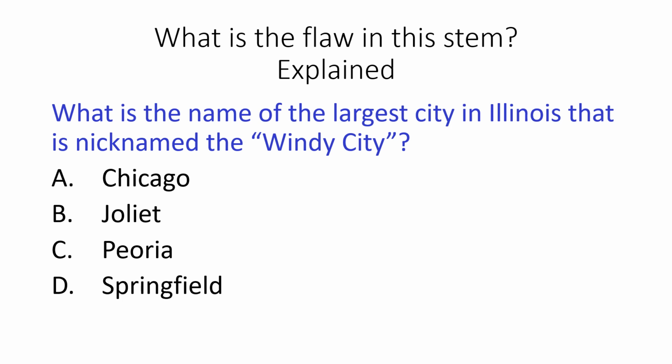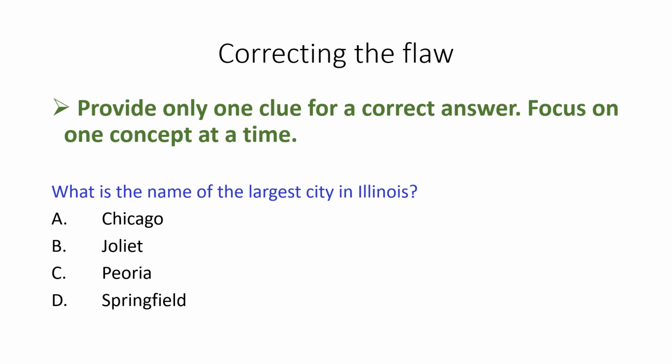Do you really want to know if they know the name of the largest city in Illinois, or do you really want to know that the nickname of the largest city in Illinois is the Windy City? Either one is fine, but you want to make sure that there's only 1 clue in your stem. Provide only 1 clue for a correct answer and only focus on 1 concept at a time. To fix this one, you just need to change it to picking one of those. What is the name of the largest city in Illinois?